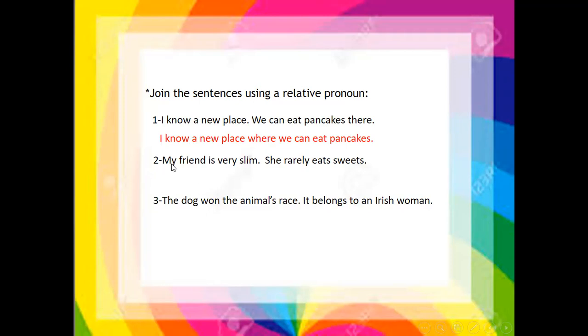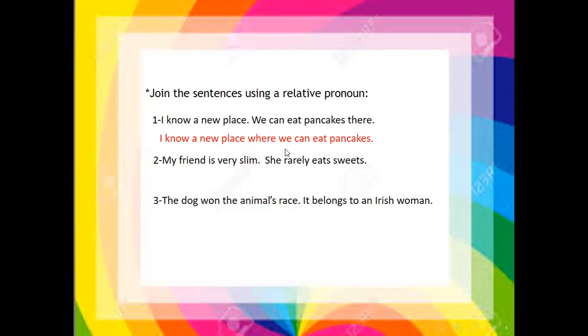Let's move to the second one. My friend is very slim. She rarely eats sweets. The common noun in both sentences, it is my friend, صديقتي. And in the second sentence, it is she.